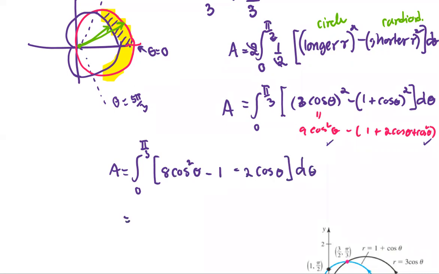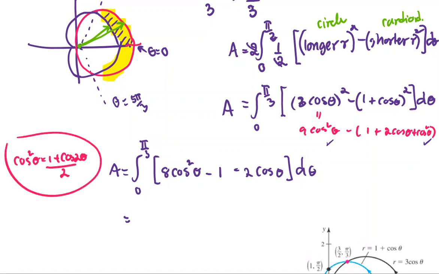And the trig identity, cosine squared theta is 1 plus cosine double angle divided by 2. So this is 8 divided by 2 times 1 plus cosine of 2 theta.